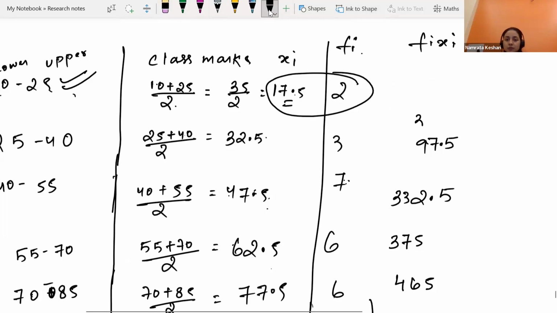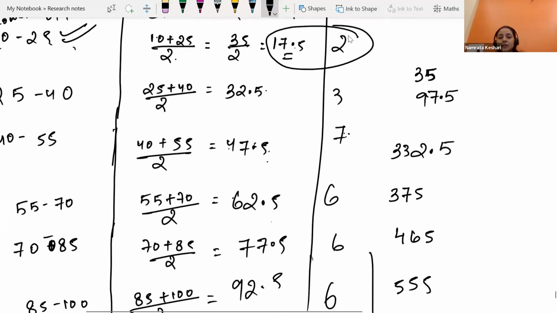Please add them all, no? And tell me, what are you getting?